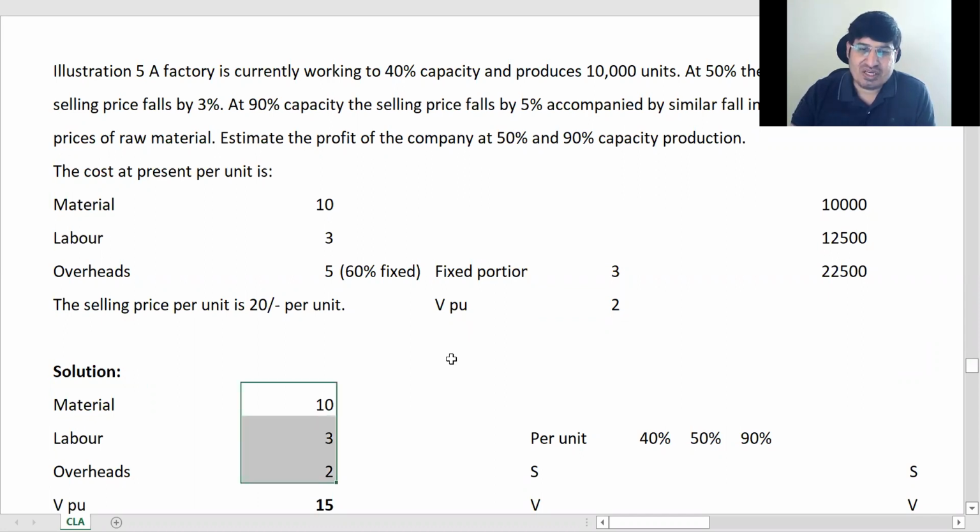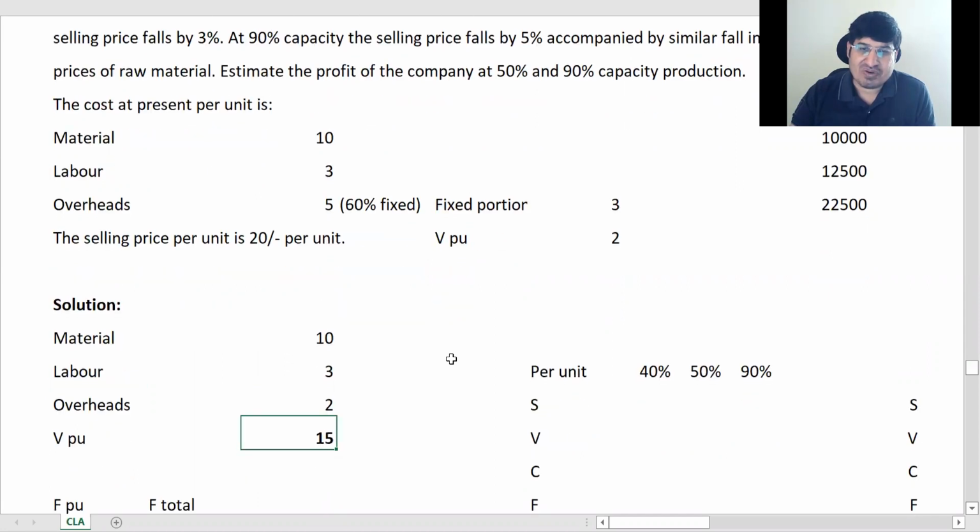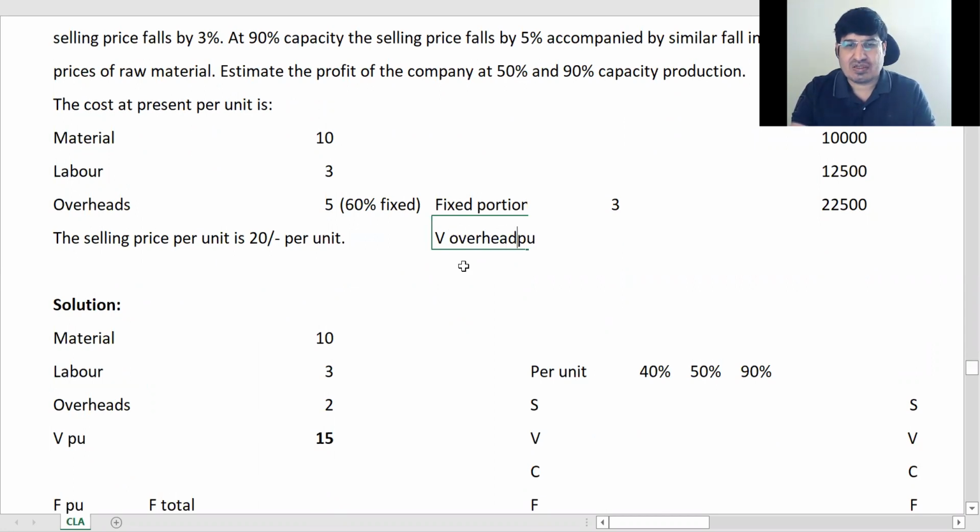So total these 3, you get the total variable cost per unit. This is V overheads per unit. This is total V per unit. It has all components: material, labor, and overheads. Variable cost per unit.